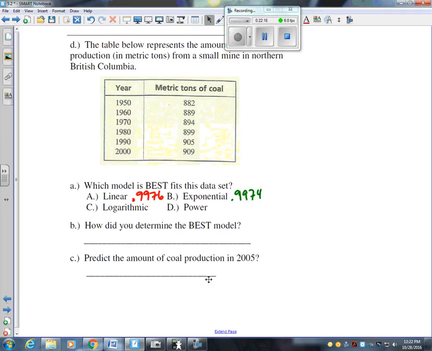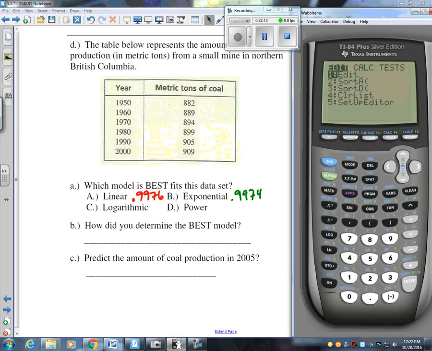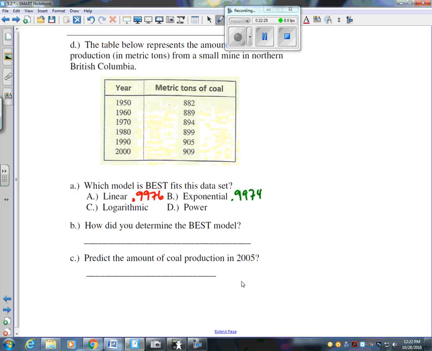All right, logarithmic, stat, calc, it's number 9. That R value is 0.9978.